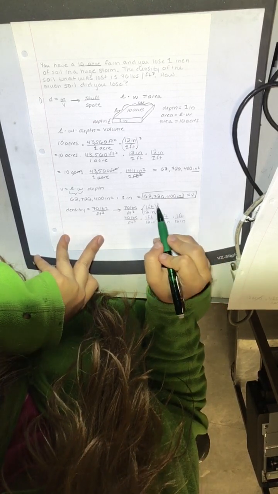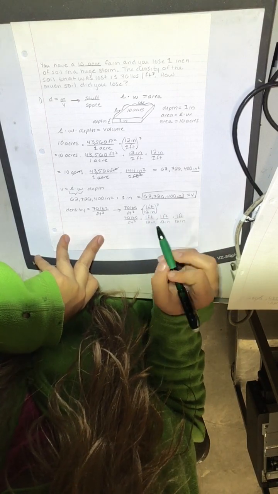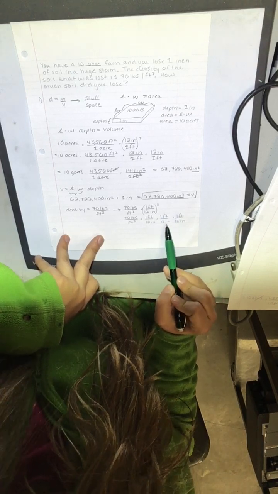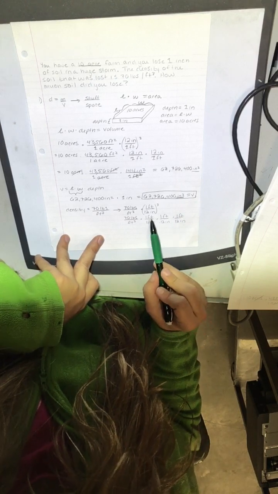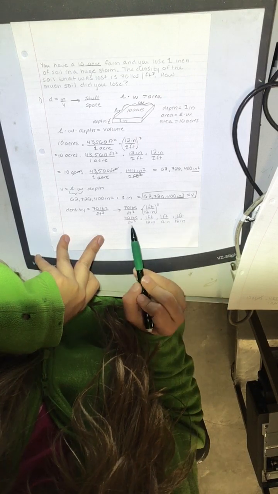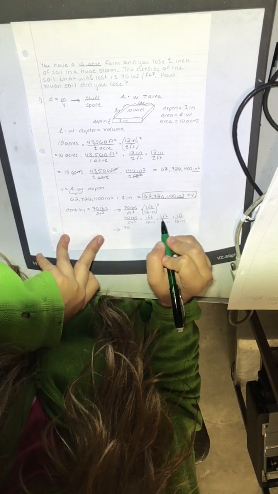So when we cube something, we don't just multiply by 3. We actually have to multiply 1 foot times 1 foot times 1 foot, and 12 inches times 12 inches times 12 inches. And again, always a good idea to write in your units, because that is what's going to clue you into the fact that now we have feet cubed up on this side.